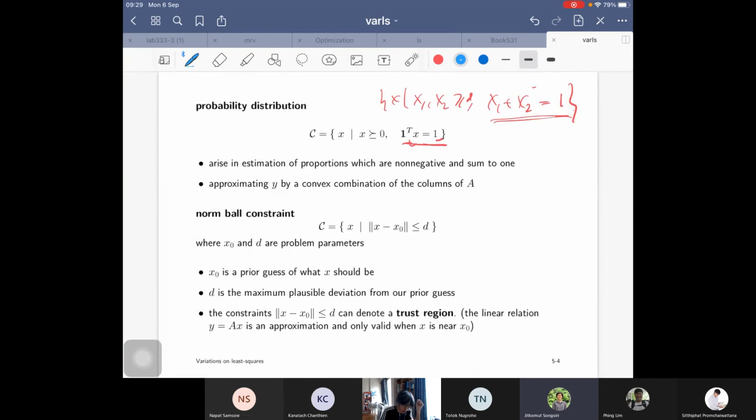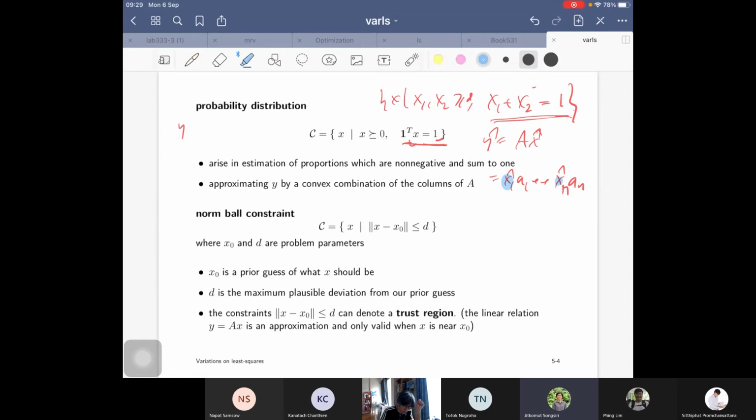So the interpretation of your y hat: again, your y hat is A x hat, right? So it's going to be x hat 1 a1 plus up to x hat n an. But with this constraint, your x hat 1 up to x hat n sum up to 1.